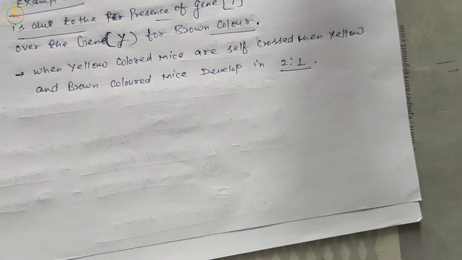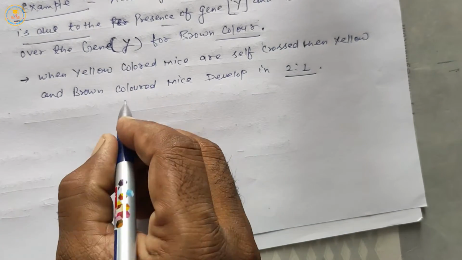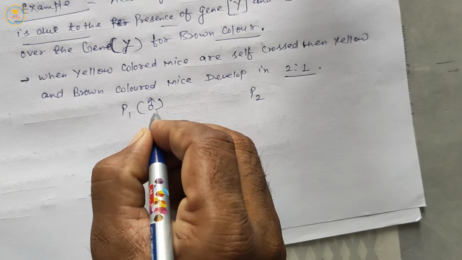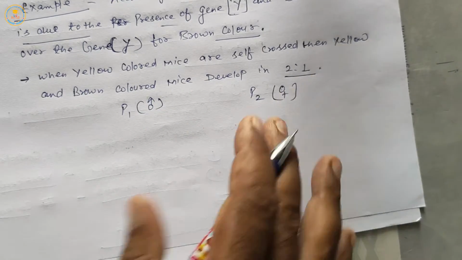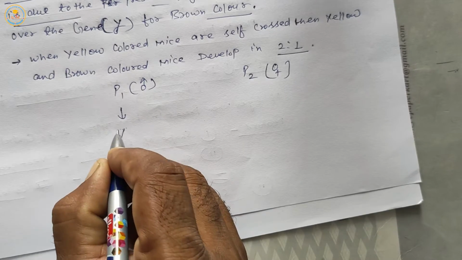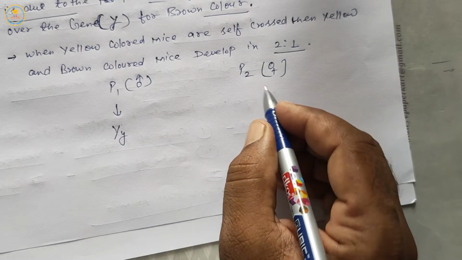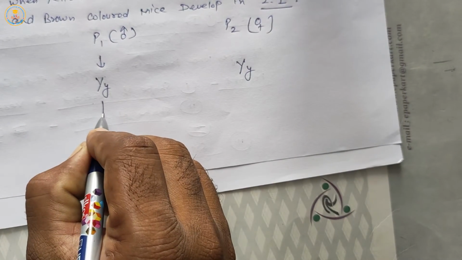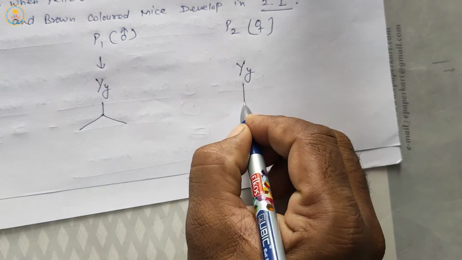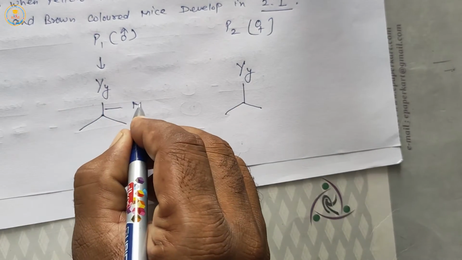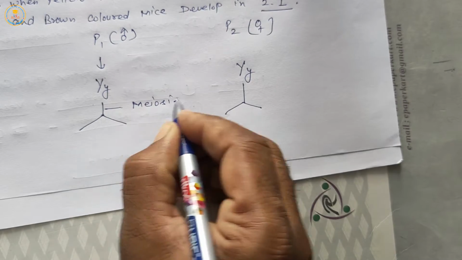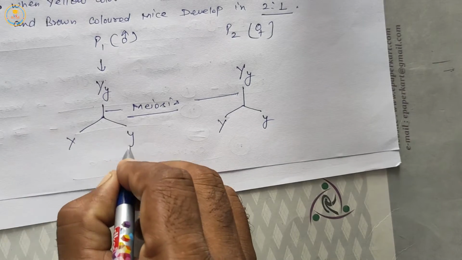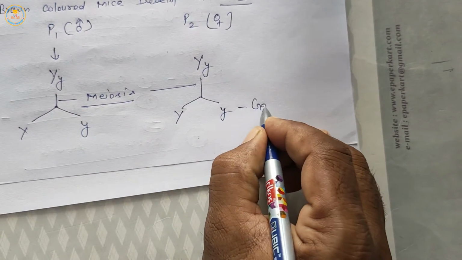I draw a flow chart. Parent first, parent second. Parent first is capital Y small y, second is capital Y small y. Next process is meiosis, a type of division, so gametes develop.